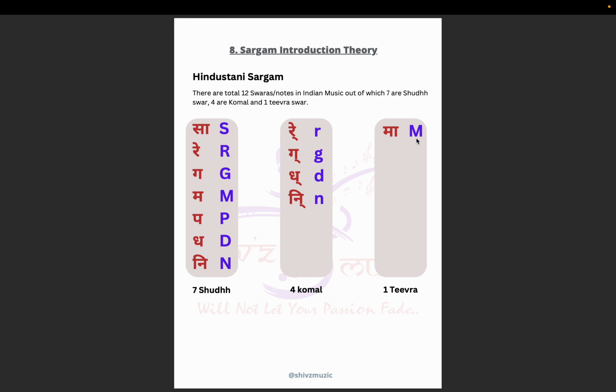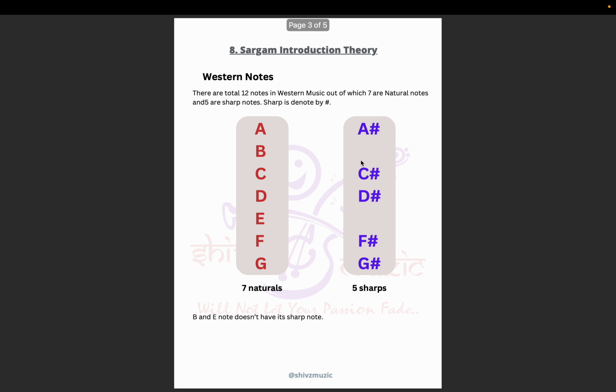So you just know the basic concepts like what are Shuddha swaras, Komal swaras and the one Tivra swara in Hindustani Sargam. Now, coming to Western notes. In Western notes, there are 7 natural notes and 5 sharp notes, as we have seen. To revise, from A to G: A, B, C, D, E, F, G. Simple, just the first 7 alphabets.